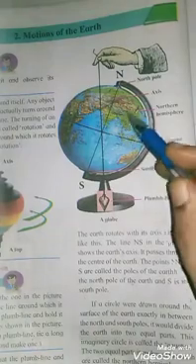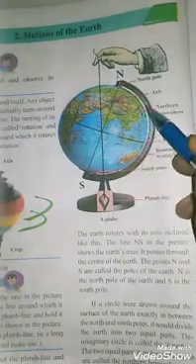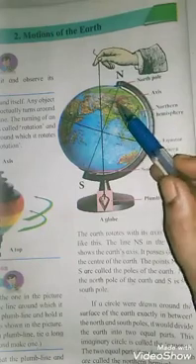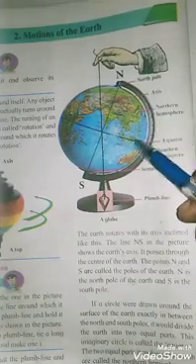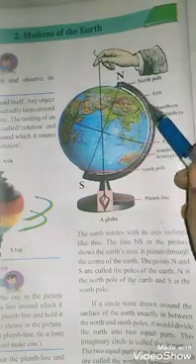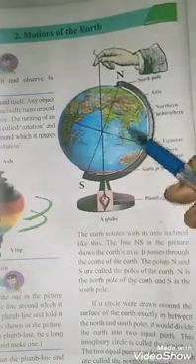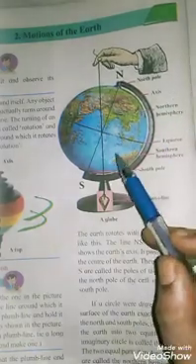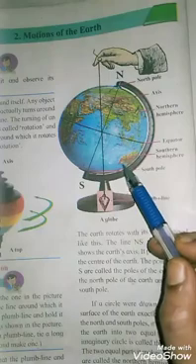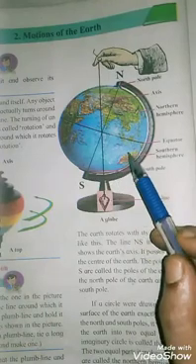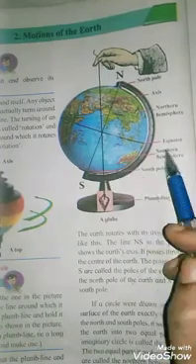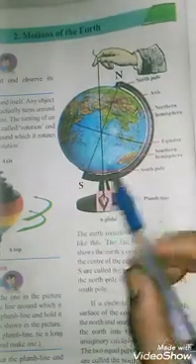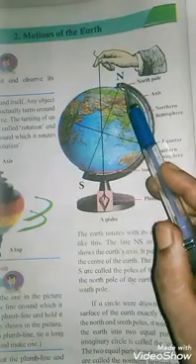This equator divides this Earth into two equal parts. See here, this one is the axis. This one is the axis of the movement. The part which lies above the equator is known as northern hemisphere, and the part which lies below the equator is known as southern hemisphere, and this point is called South Pole and this one is called North Pole.